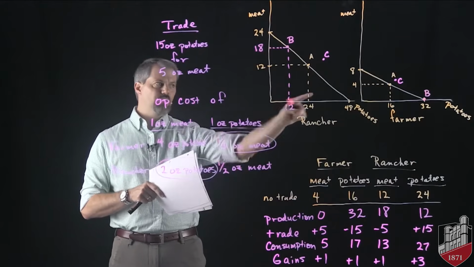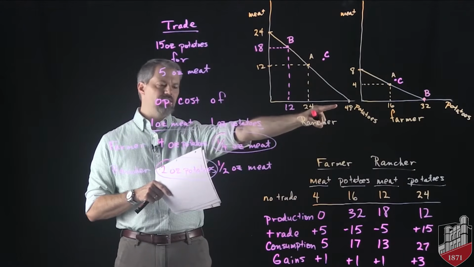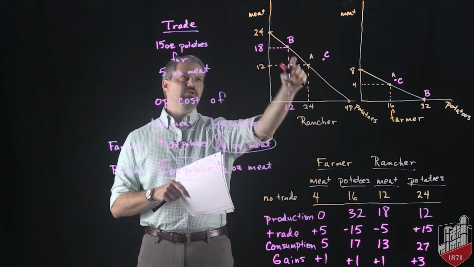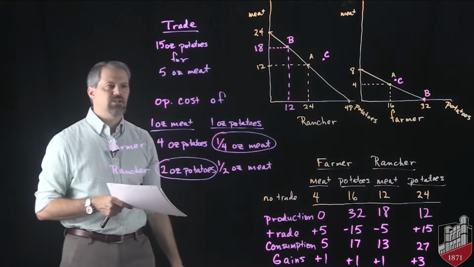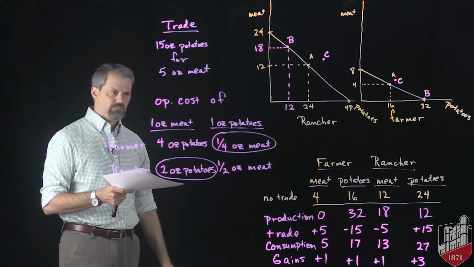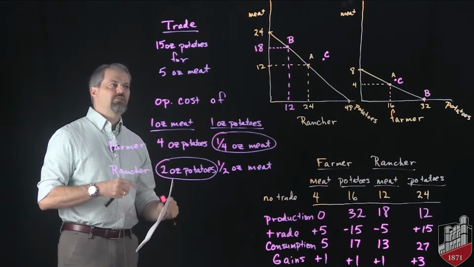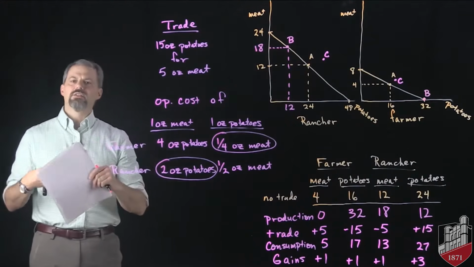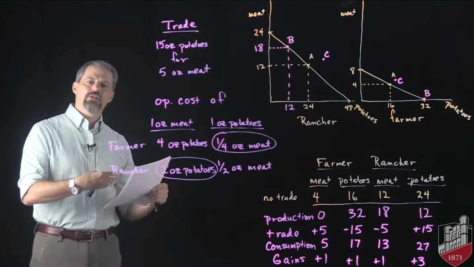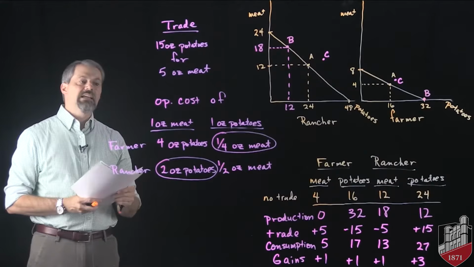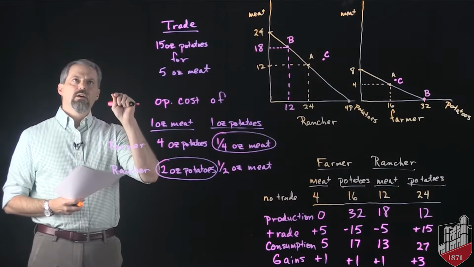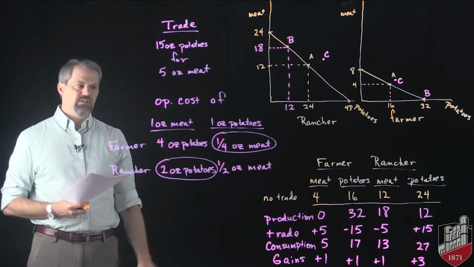In other words, they produce the good for which they have the comparative advantage. And the rancher moves towards meat production because they have the comparative advantage in the production of meat. So we can see here that trade has allowed each of them to specialize in the good for which they have the comparative advantage. In other words, they're specializing in the good that they're most efficient at producing.